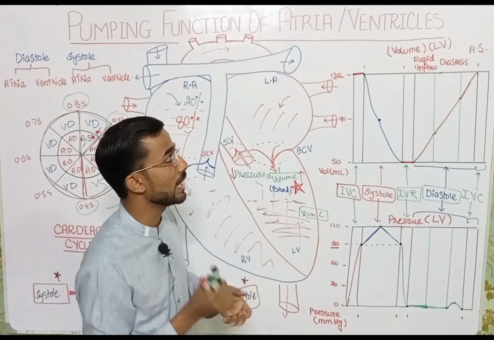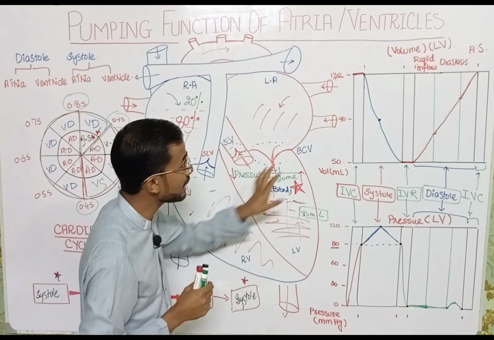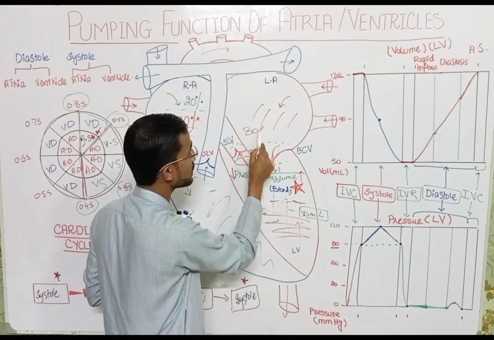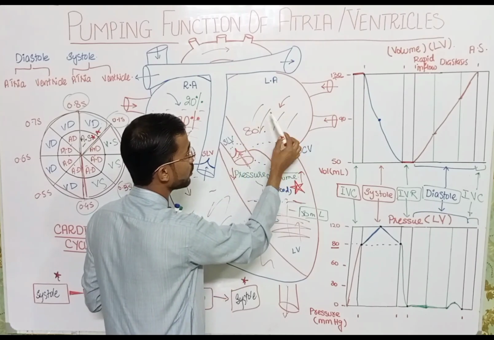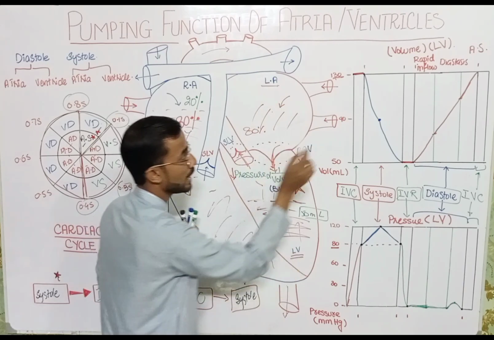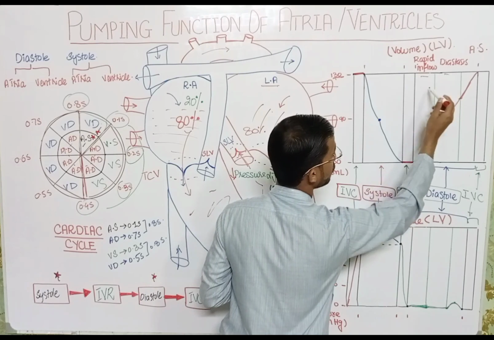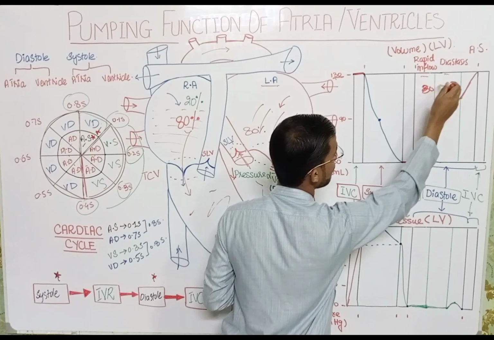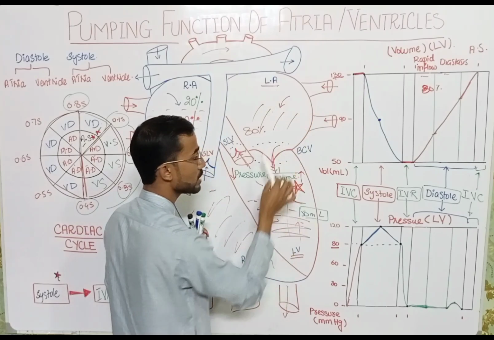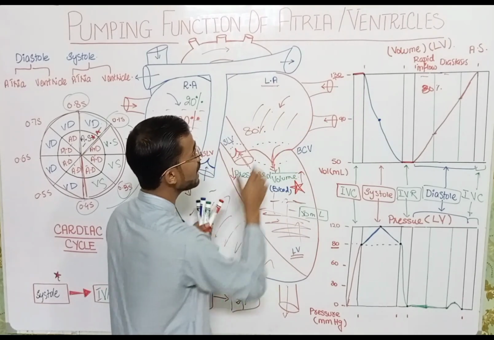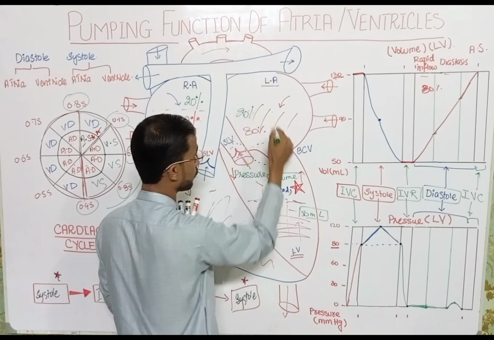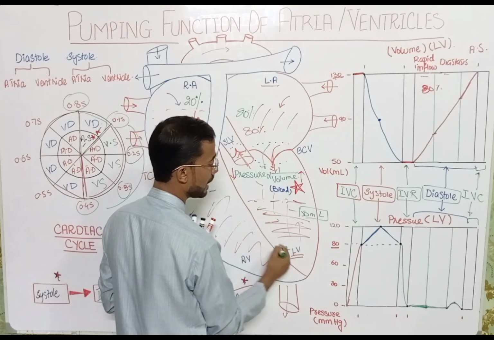As we discussed, 80% of the blood goes from the left atrium into the left ventricle in two situations, the rapid flow and the diastasis. But when the left atrium contracts, then the remaining 20% goes from here and fills the left ventricle.